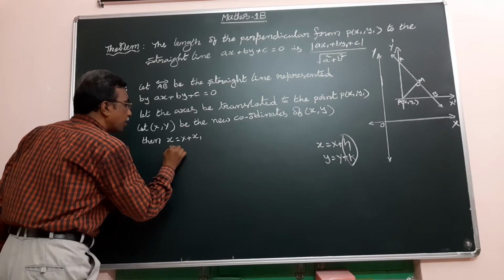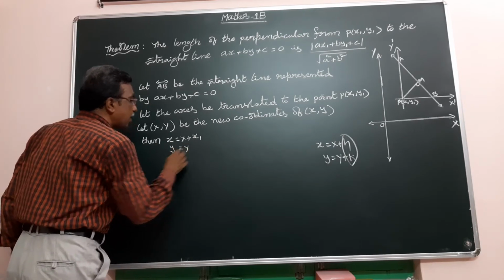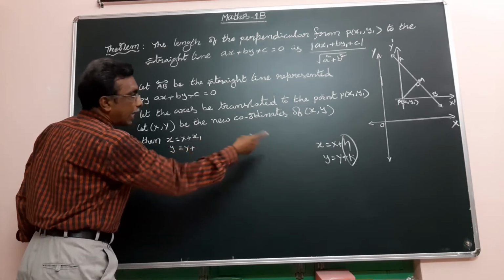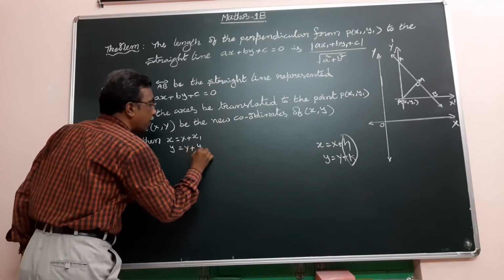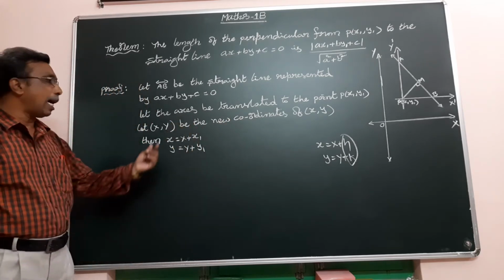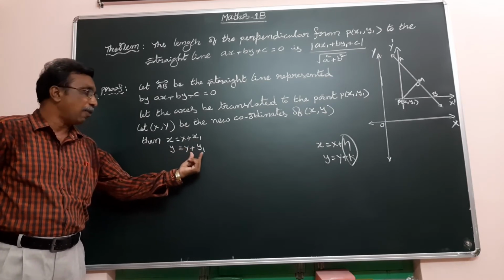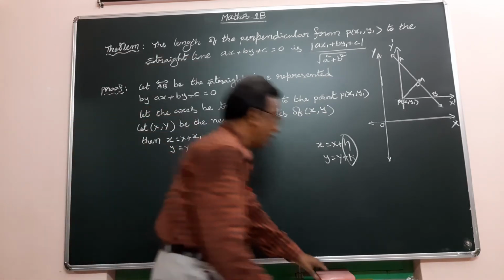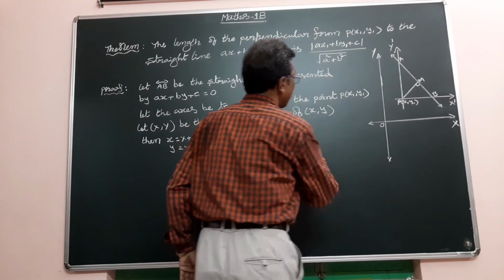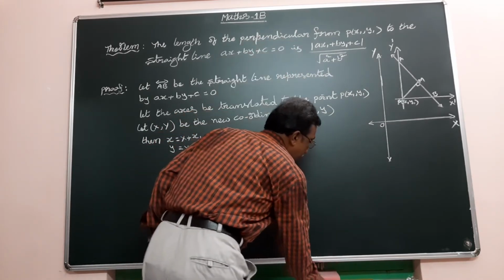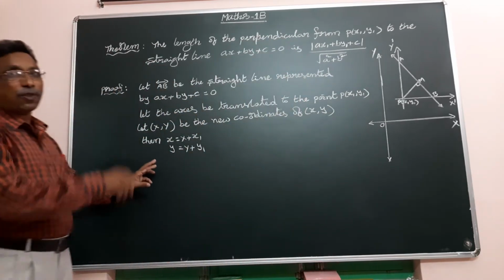Small y equal to capital Y plus k, k is y1. So small x equal to capital X plus x1, small y equal to capital Y plus y1. Next, now write the transformed equation.